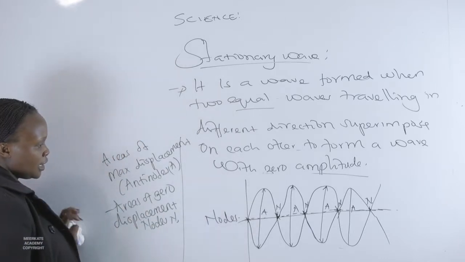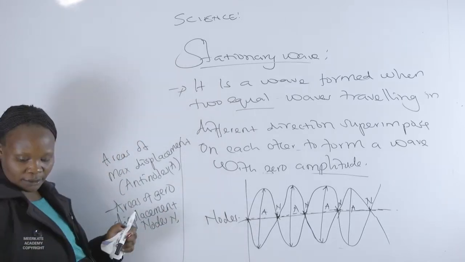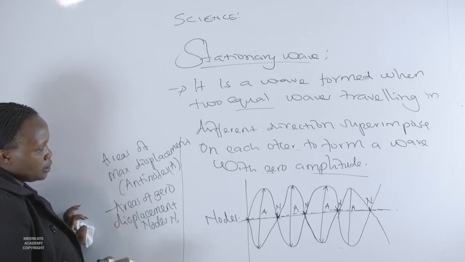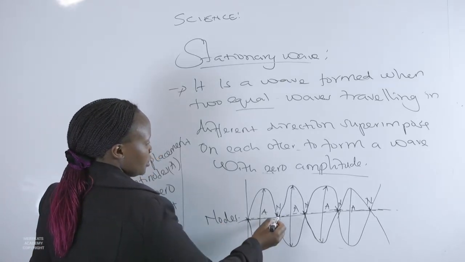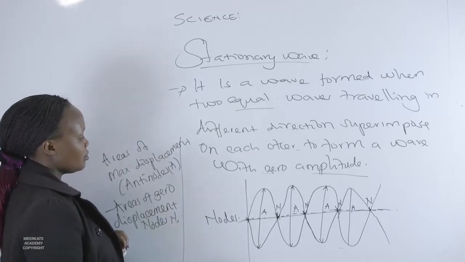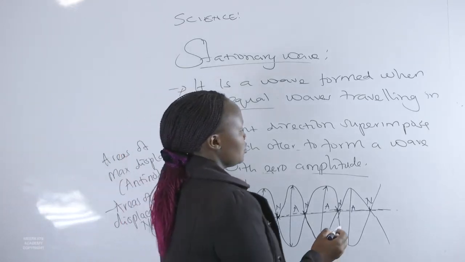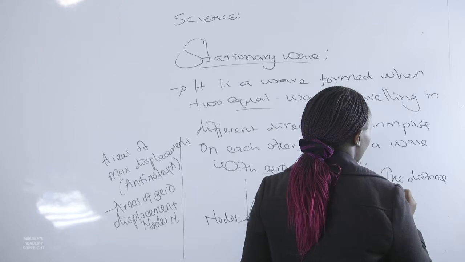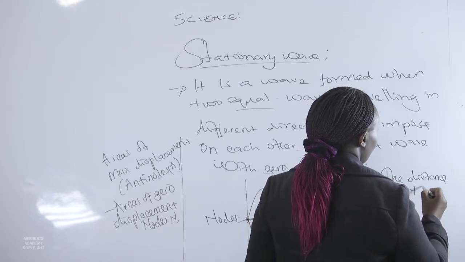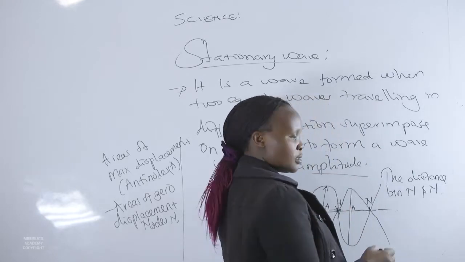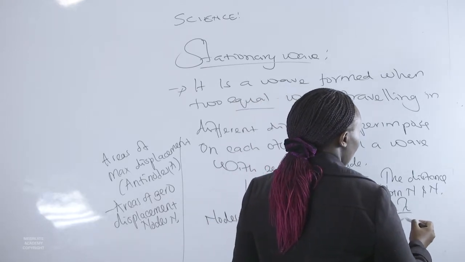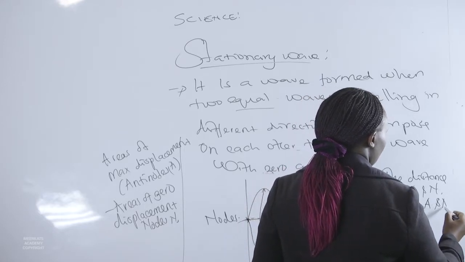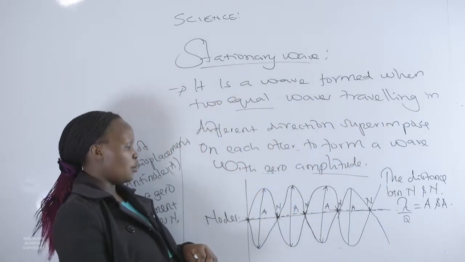Now, clearly, you can see that from a node to another, the distance between a node and another one, successive ones, is what we call lambda over 2, and is also equal to the distance between an antinode and a successive one.